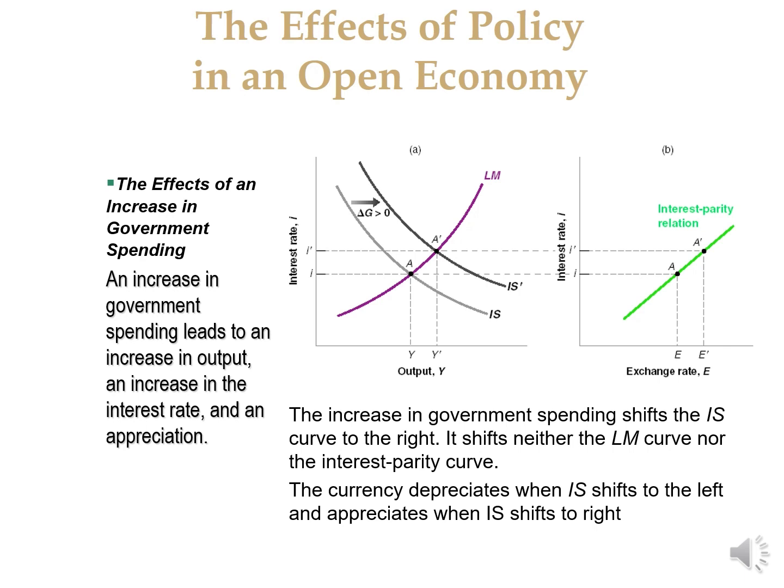So in the diagram we can understand the effect of the policy in an open economy. The increase in government spending shifts the IS curve to the right. It shifts neither the LM curve nor the interest parity curve. The currency depreciates when the IS shifts to the left and appreciates when the IS shifts to the right.